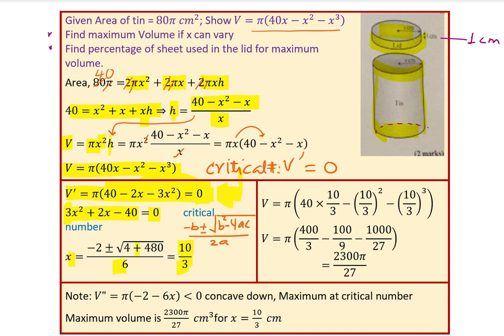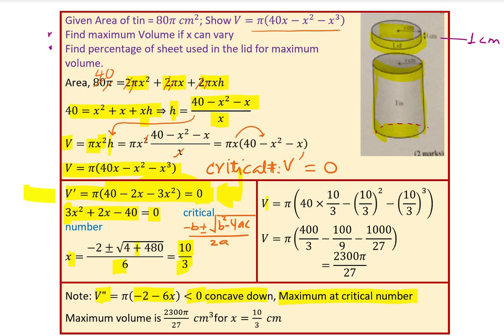Now you can actually analyze whether it will be a maximum or minimum by finding the second derivative. So here is your first derivative. It's a polynomial. Power rule can be applied. So the derivative of minus 2x is minus 2, right? And for minus 3x squared is minus 6x. So the derivative is negative, less than 0, concave down means maximum for the critical number, right? So it's a very easy proof that this critical number actually represents a maximum.